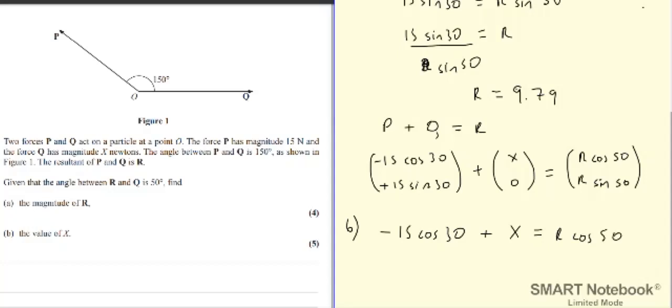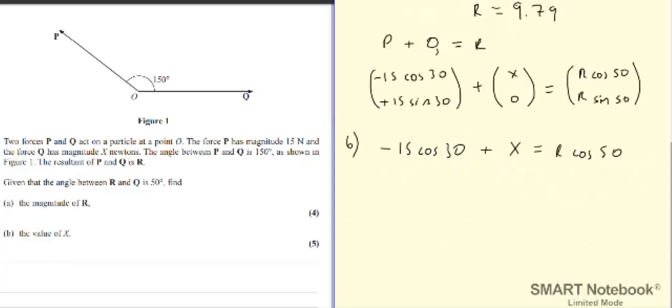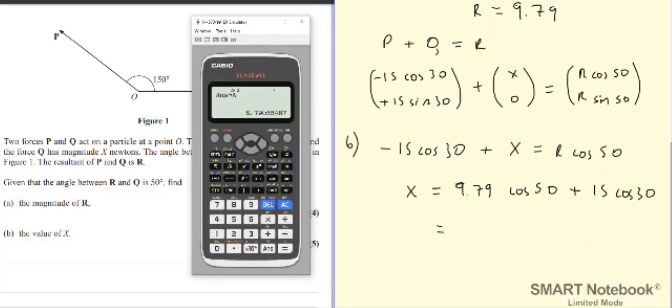And we know what R is, so there's only one unknown in this equation. So X should equal 9.79 cos 50 plus 15 cos 30. And we should work that out.